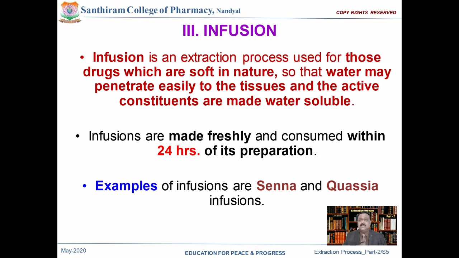For example, the petals of a flower and the leaves of a plant containing the active ingredients which are to be extracted. For such soft drug material, the infusion process is useful.